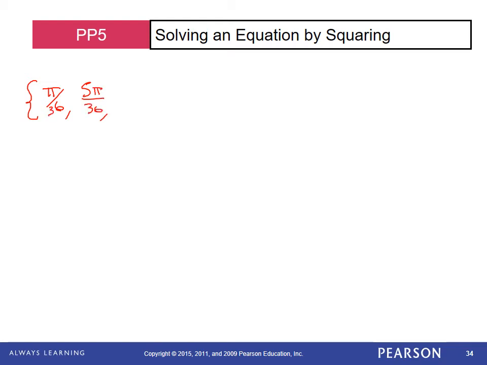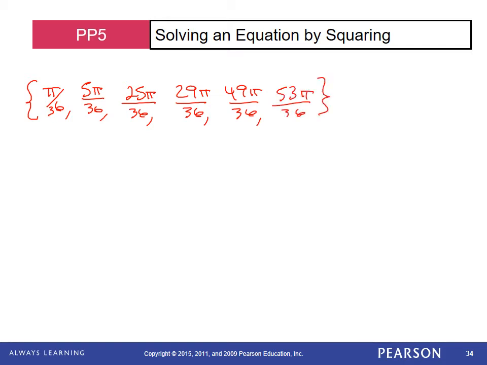Yeah. Why do I keep on forgetting the 3 here? 25 pi over 36, 29 pi over 36. Okay, 49 pi over 36. And how about 53 pi over 36? Is that right? Is that the same thing you guys got?